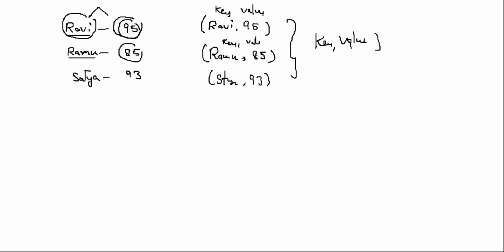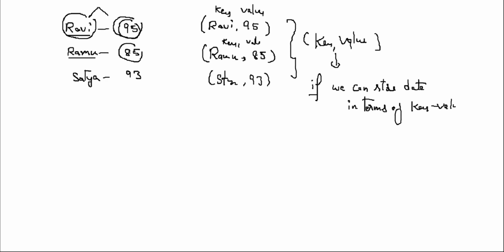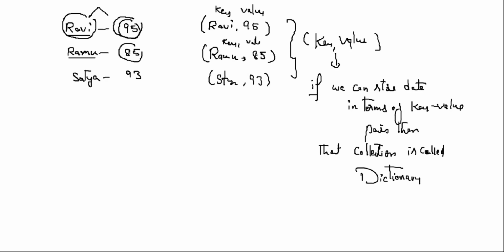If we can store data in terms of key value pairs, then that collection is called a dictionary.